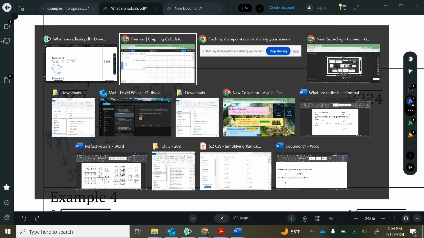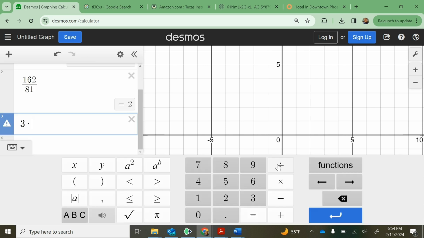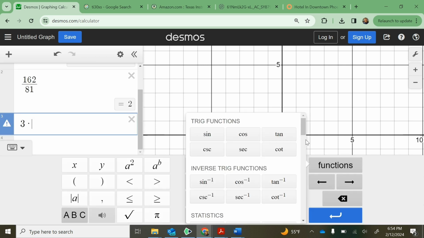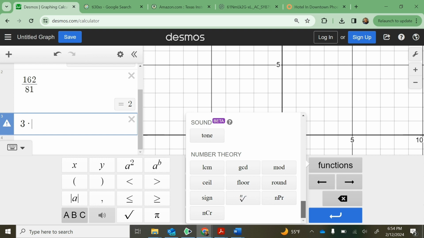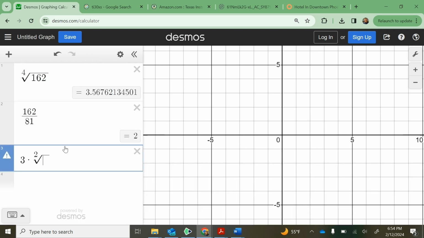That's what I'm going to plug into my calculator. 3 times the fourth root. Okay, let's go back over here to the functions menu. Fourth root of 2. Here we'll type in 81. Oh, I typed in the wrong thing, didn't I? I want the fourth root. I put in a 2.